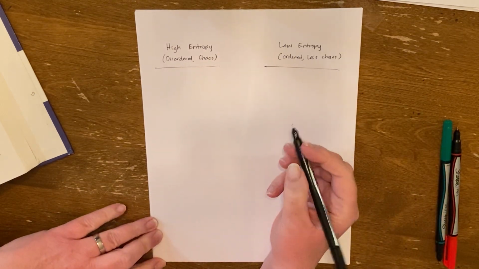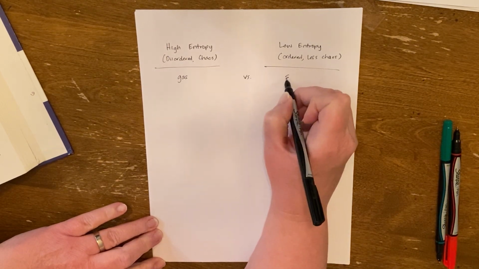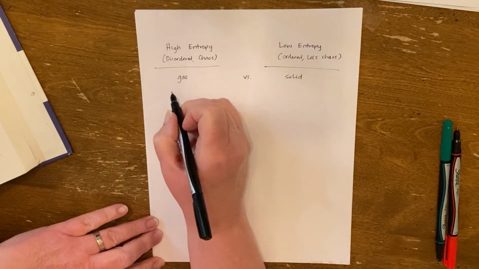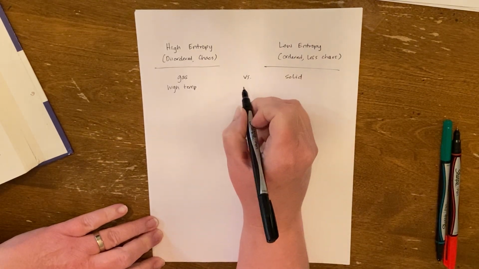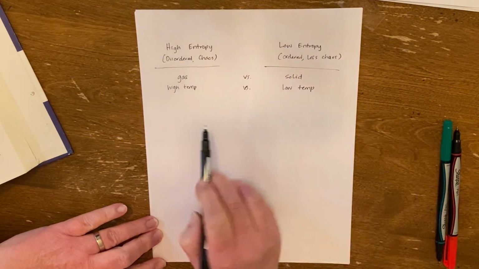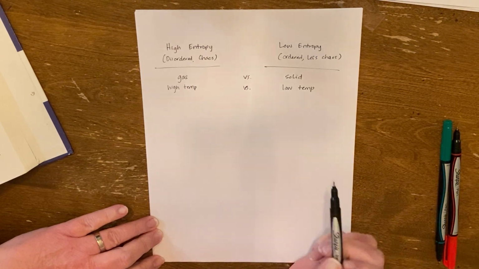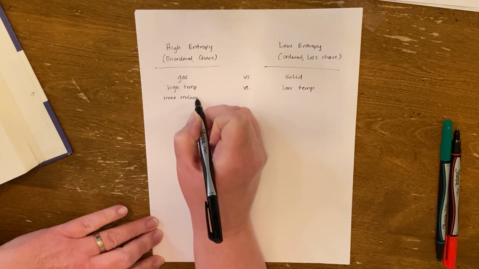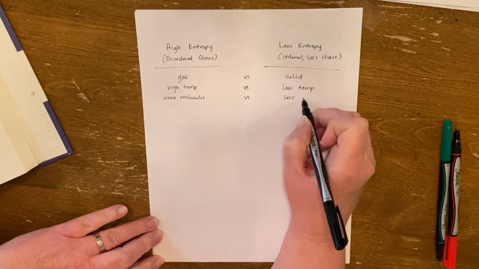Okay, so a gas will have higher entropy than a solid. So the phase matters. A high temperature will dictate more entropy than a low temperature. Again, because the molecules are moving faster in the presence of a high temperature versus a low temperature. More molecules will create higher entropy than less molecules.